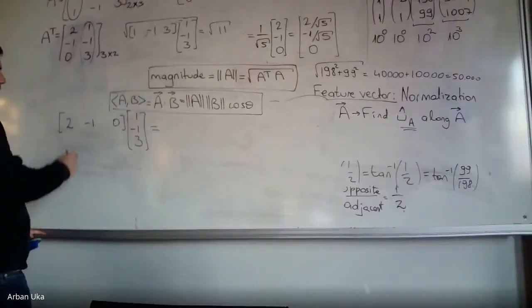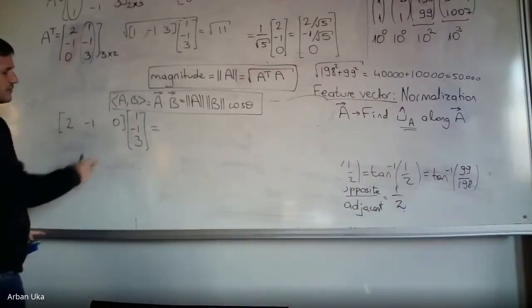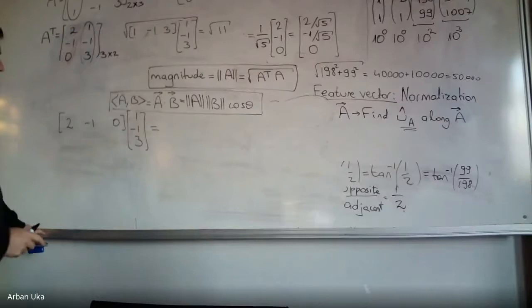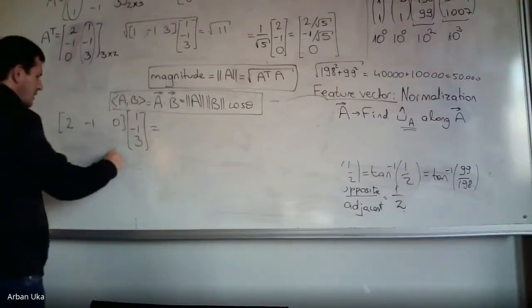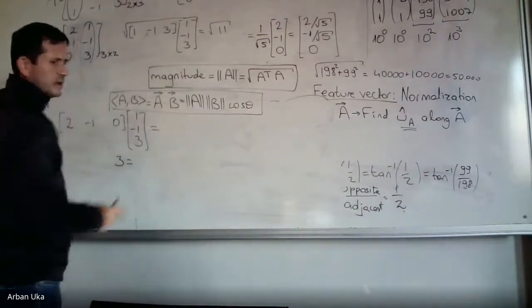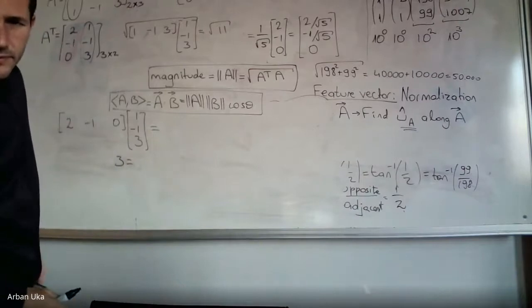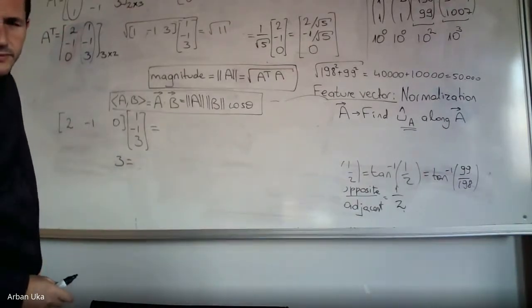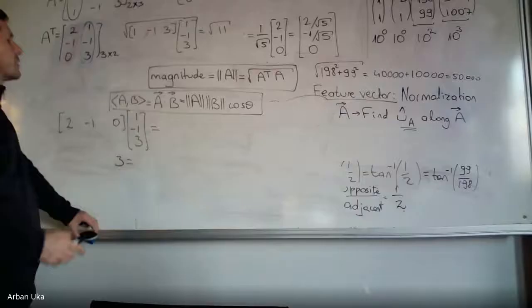But no, we are finding the inner product, so it's 3. Oh, okay. So 3 is equal to, by the way, what is the magnitude of A? Square root of 5.